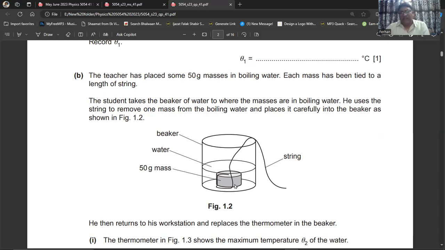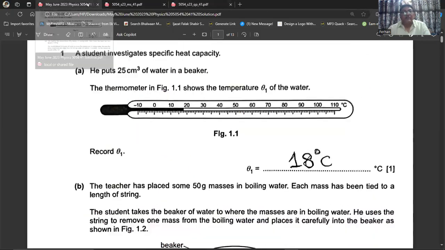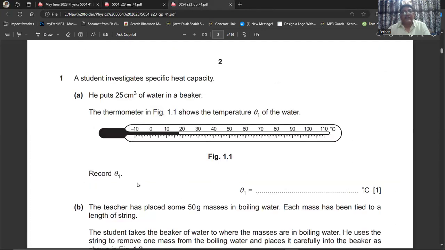So this is a 50 gram mass. It is tied with a string. It was in the boiling water, and you have taken it by the string from that boiling water, and you have put it into the other water, which was in the beaker, and its temperature was 18 degrees centigrade.